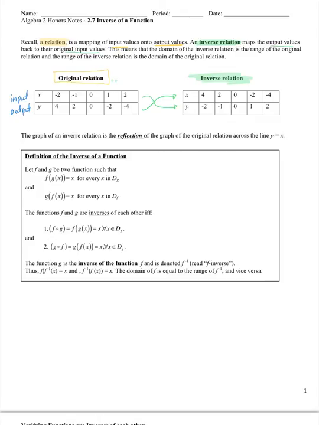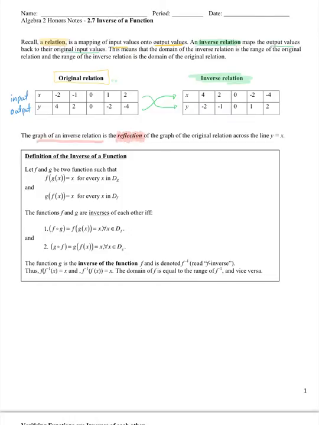Now, what is the graph of an inverse relation look like? Well, if you were to plot these original points, you'd get one graph, and once you interchange the x and the y values and you plot those corresponding points, what you will notice is that you get the reflection of the original.